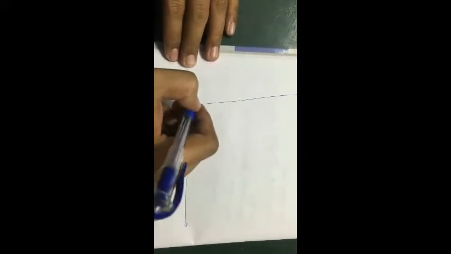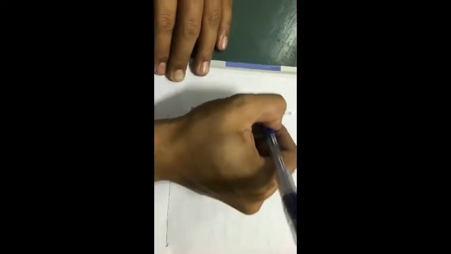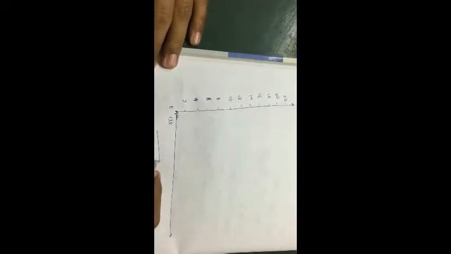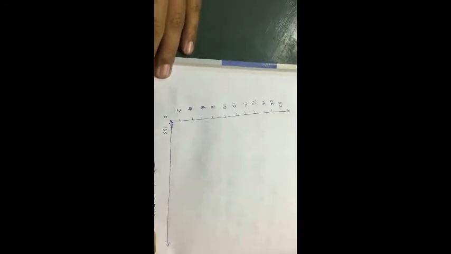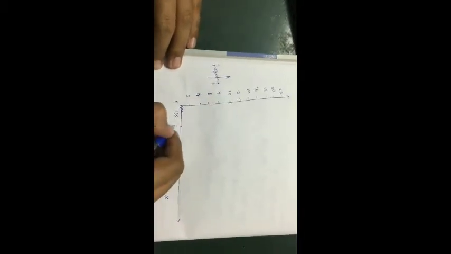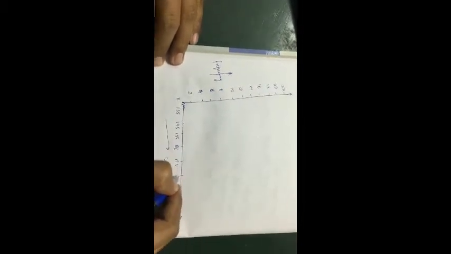On the y-axis we'll start from 0 only: 0, 4, 6, 8, 10, 12, 14, 16, 18, 20, 22. On the x-axis we'll be plotting the class mark, and on the y-axis we plot the frequency. So it is 145, 155, 165, 175, 185 and 195.